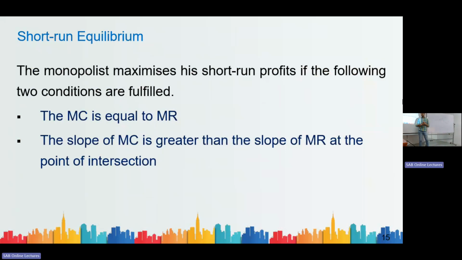Got it? So be careful when you are dealing with different market structures. Even though we have the same conditions for profit maximization, the shapes of the curve will be different. But in perfect competition and monopoly, the shapes of the cost curves will not change. They will remain the same because we are using the same types of cost curves.